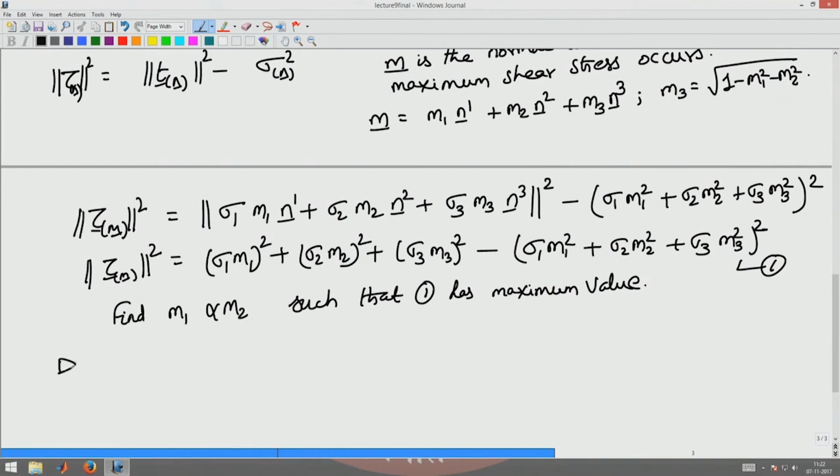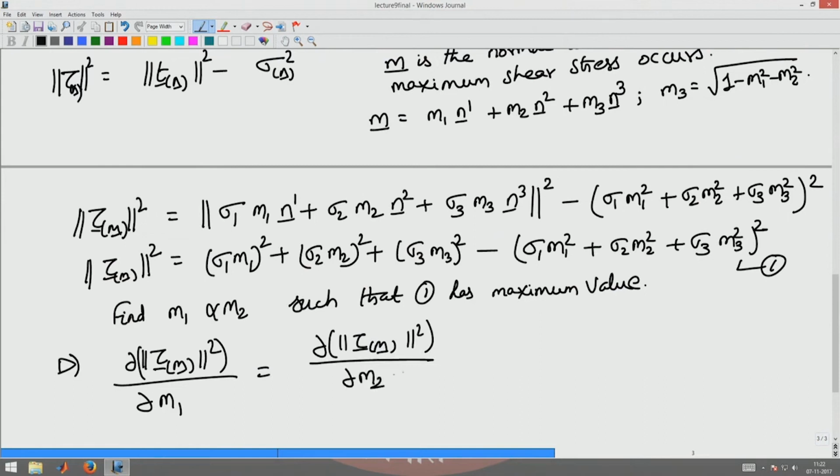Okay. This would imply that I have to set the derivative of T_m squared, the shear stress magnitude squared, by ∂m1 to be equal to the derivative by ∂m2 to be equal to 0.